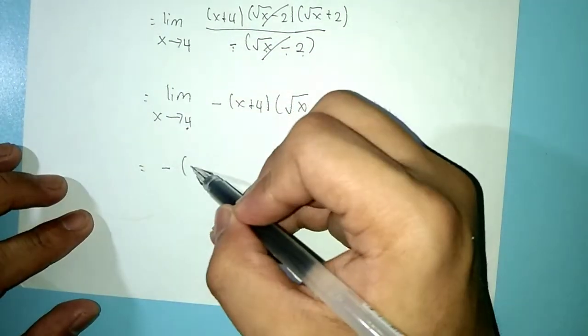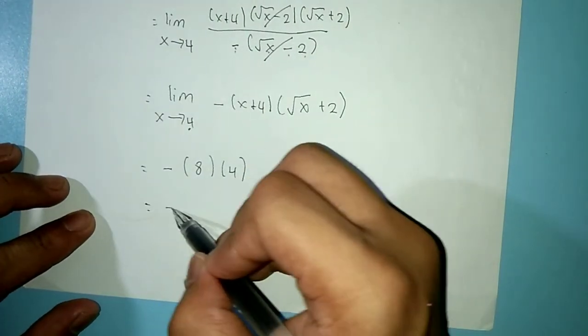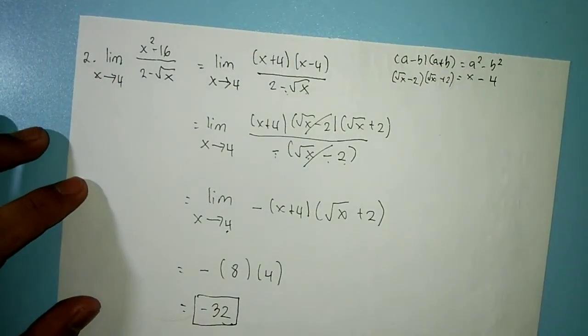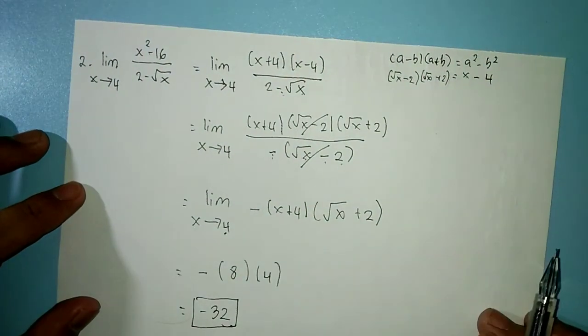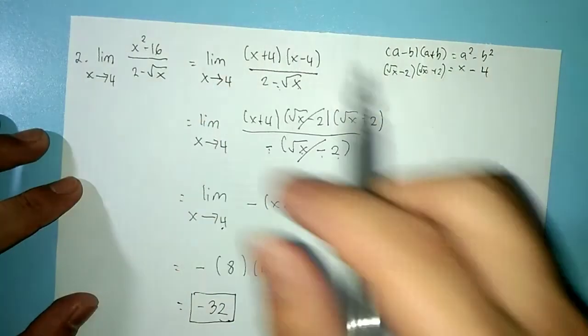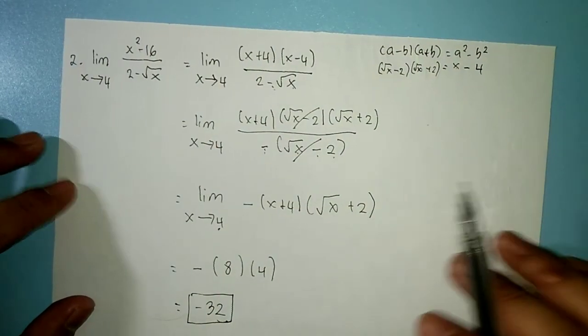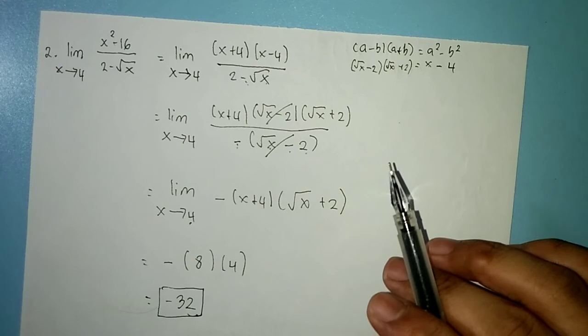So negative 4 plus 4, 8, then 4, that is negative 32. Okay, so naging mas madali siya. So minsan titignan nyo rin kung pwede na siyang i-factor kaagad, or kung hindi kaya, saka natin gawin yung strategy na dinidiscuss natin sa video na to. Okay? So ganun lang kasimple yung pagkuha ng limit.